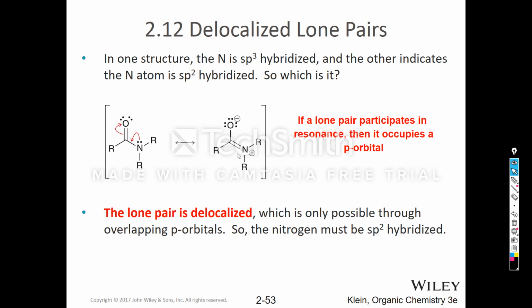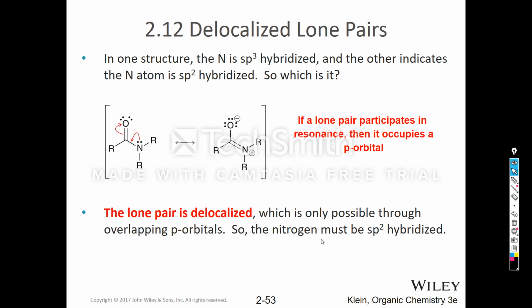Well, once you have a delocalization, the electron is not going to just sit on the nitrogen atom, it is going to always conjugate. Therefore, we will give this nitrogen, irrespective of which form you're looking at, an sp2 hybridization. So as it says here, in one structure the nitrogen is sp3 and the other it's sp2, right? So which is it? If a lone pair participates in resonance, then it occupies the p orbital all the time.